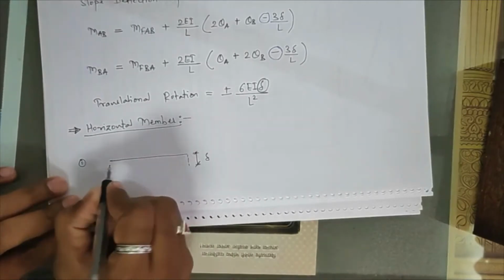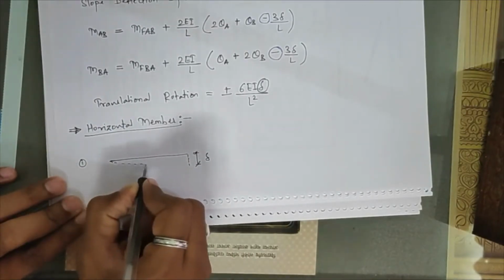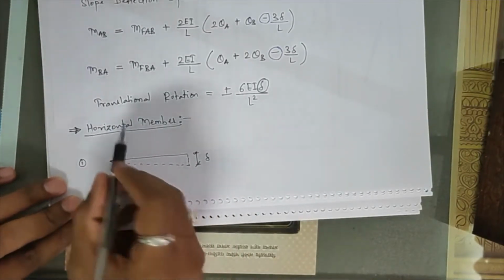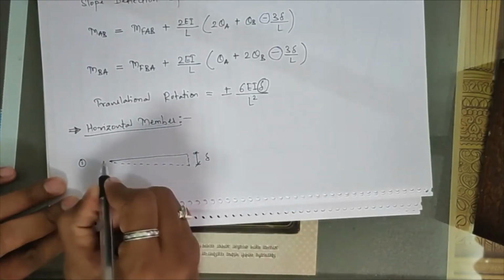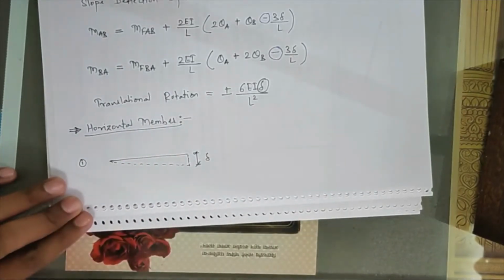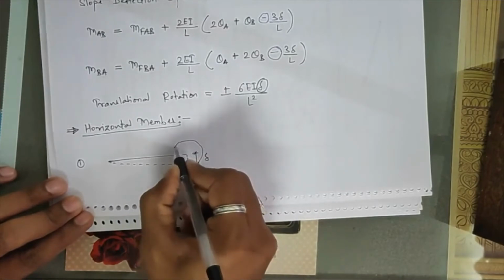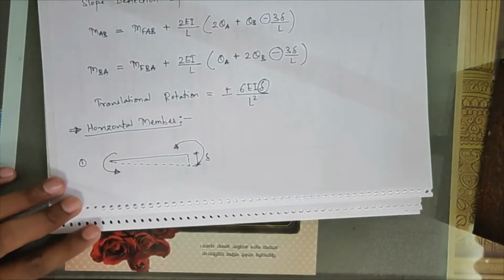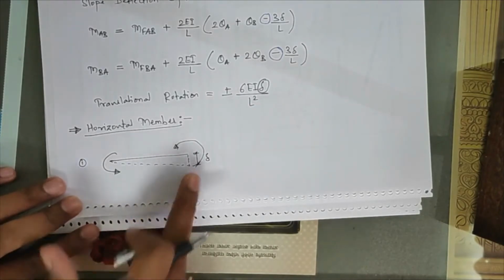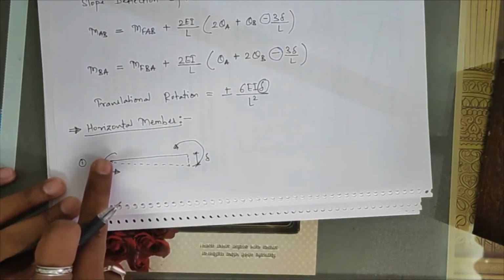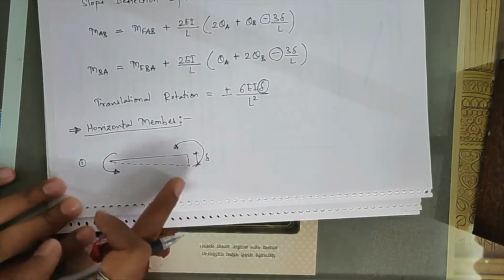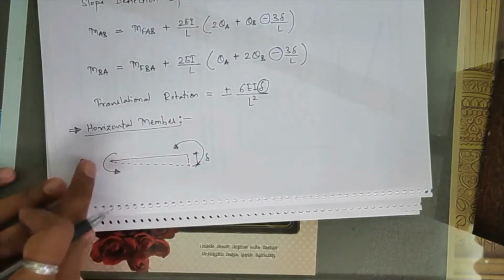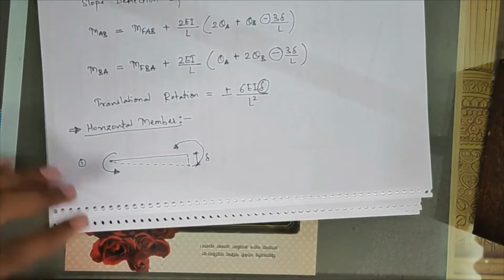So what will happen? This member will bend in this way, which will cause translational rotations at both the ends, as we have discussed. How do we take the nature of these? The direction from which the displacement pattern is seen, in the same direction you have to take these moment rotations.